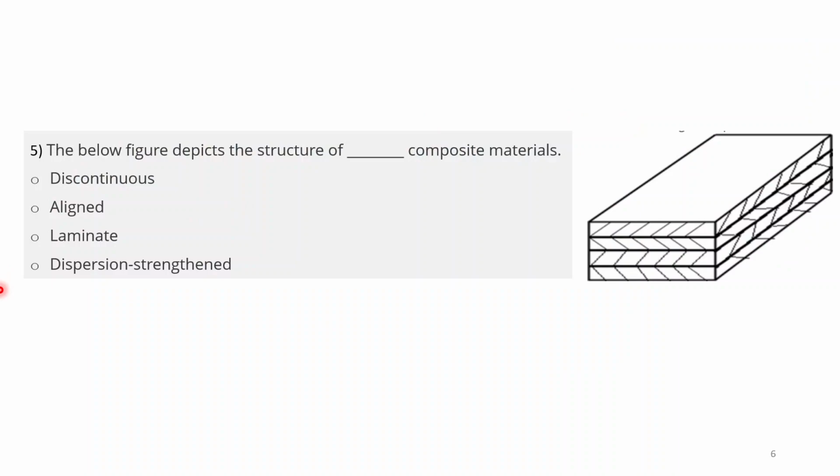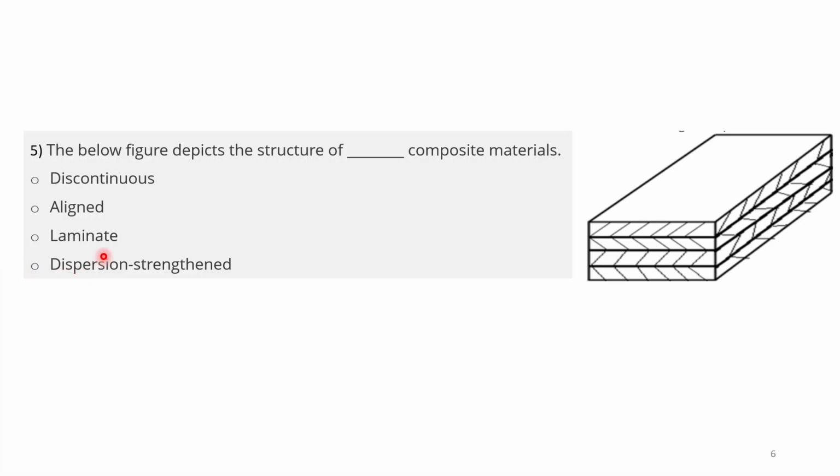Next is, the below figure depicts the structure of blank composite materials. You have to tell which type of composite material this is. Options are discontinuous, aligned, laminate, or dispersion strengthened materials.